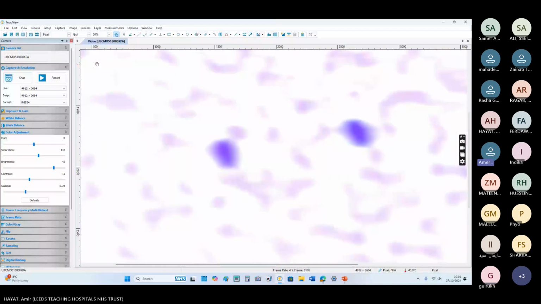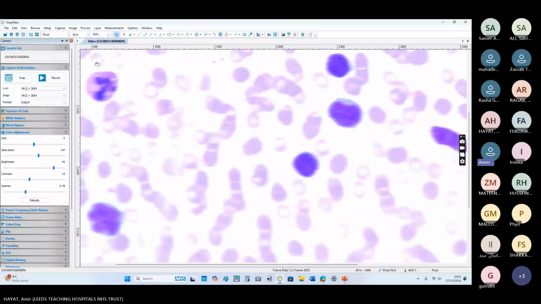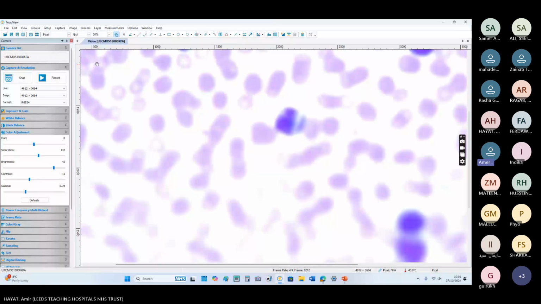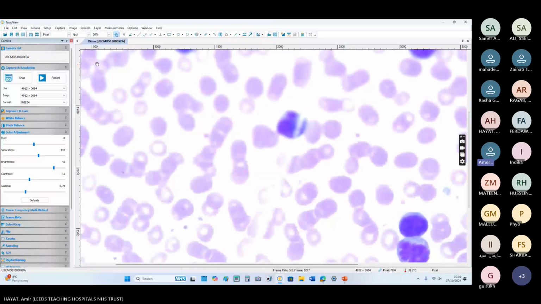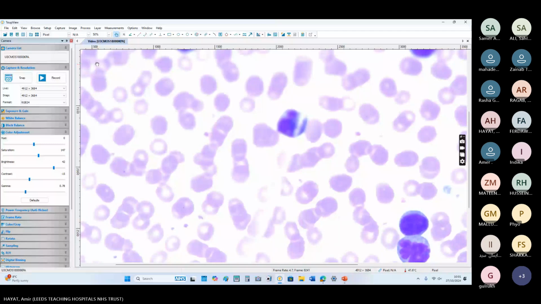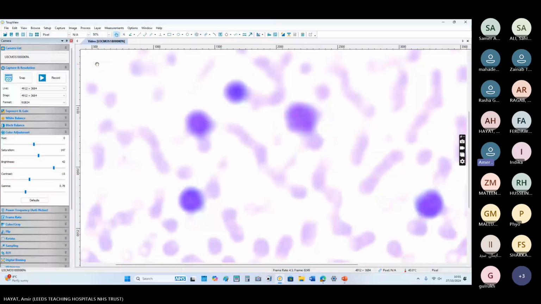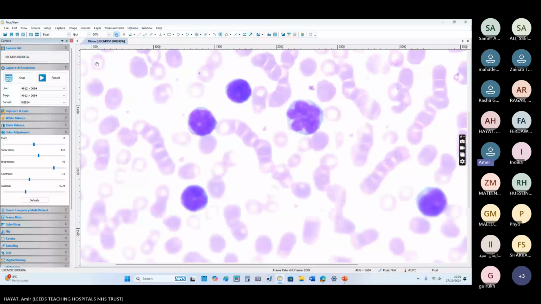So I brought this blood film because in the previous morphology courses, our sessions, when I brought this blood film, people directly jumped to ATLL. ATLL has a clover leaf shaped nucleus.